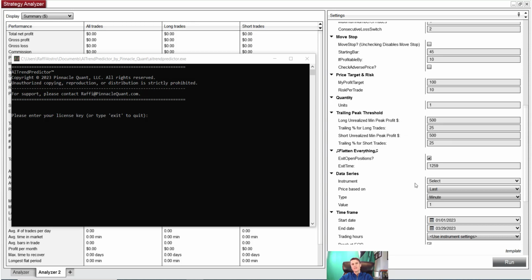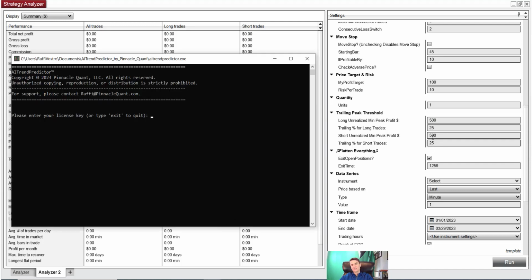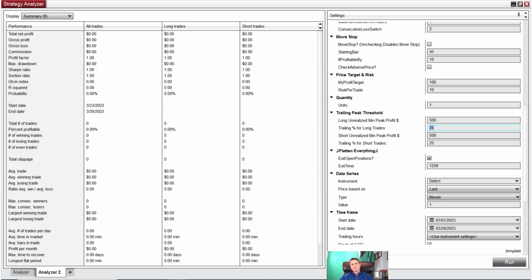What it's going to do is identify that peak and chase that peak, and only move the stop as the peak changes. So if you're in a long position, it's the highest high, and if you're on a short trade, then it's the lowest low. And it's got minimum dollar amounts and minimum percentages that you can assign.